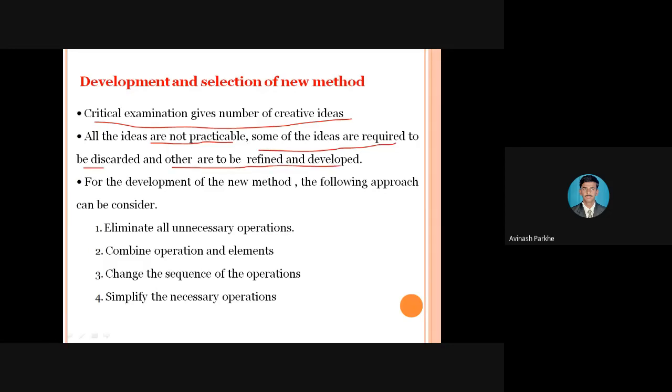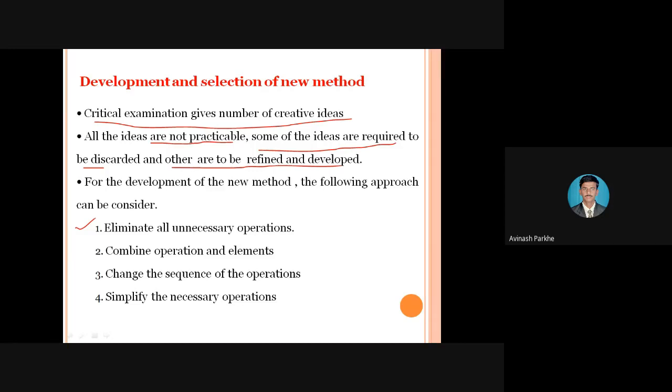Practically, some ideas are not possible to implement. Some of the ideas can be directly discarded. Directly we can reject that idea because it is not feasible. In some of the ideas we can go for development, and if I have to go for development, which steps I have to follow? So the following 4 points are given. Eliminate the unnecessary operations.